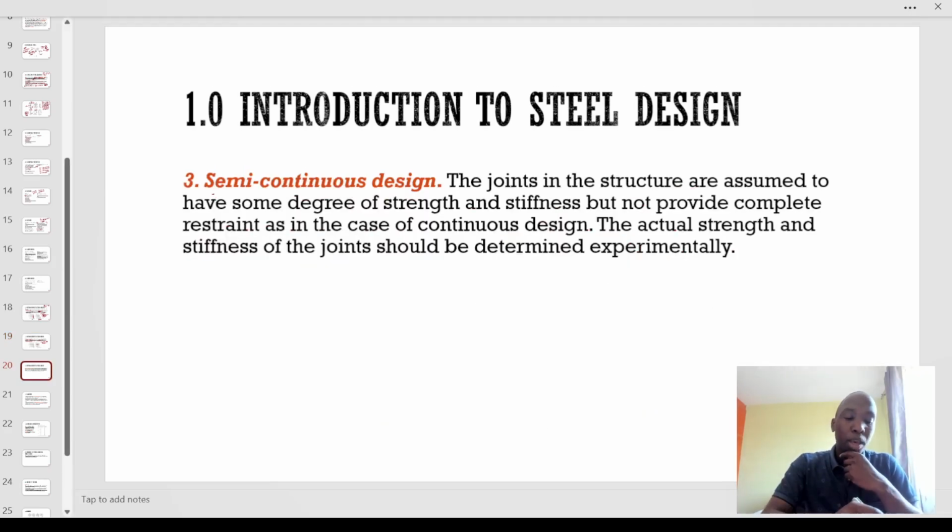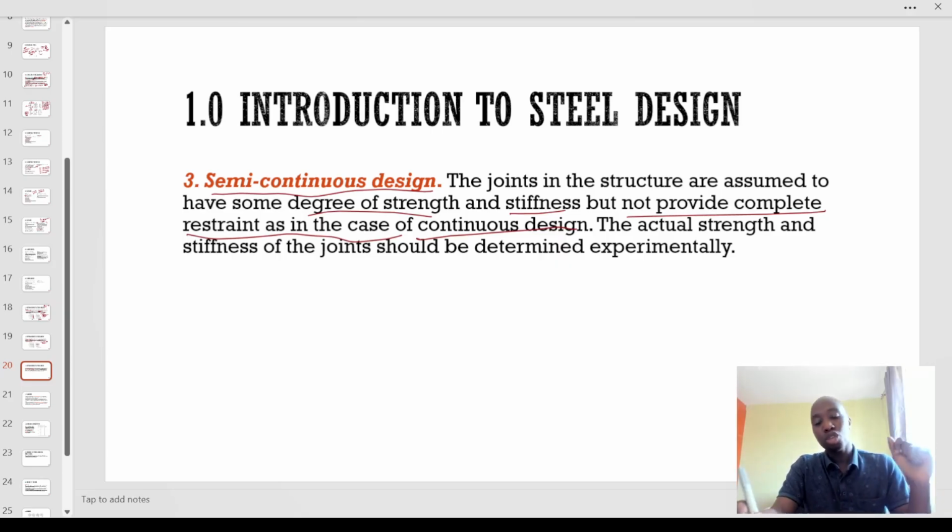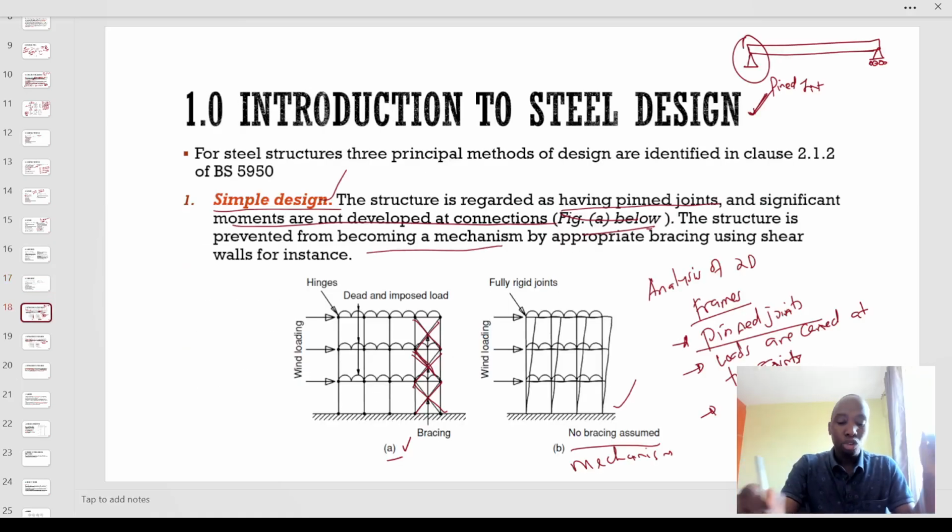Then we have semi-continuous design. The joints in the structure are assumed to have some degree of strength and stiffness, but not provide complete restraint as in the case of continuous design. So the actual strength and stiffness of the joint should be determined experimentally. So it's a blend of the two systems, system A and system B.